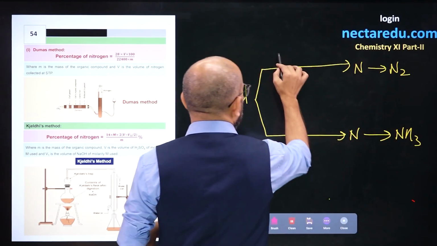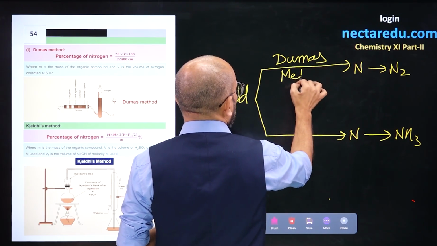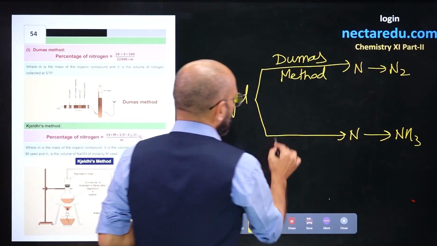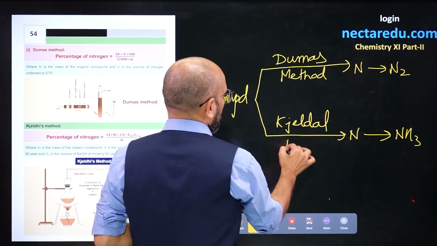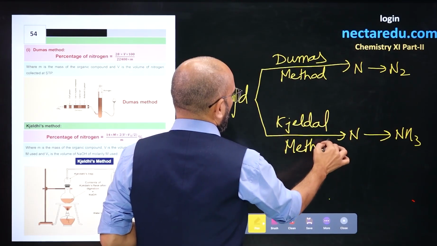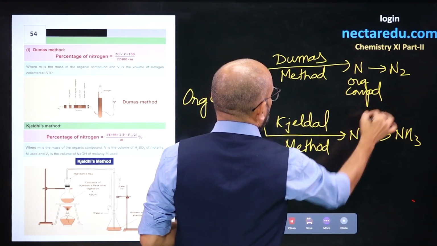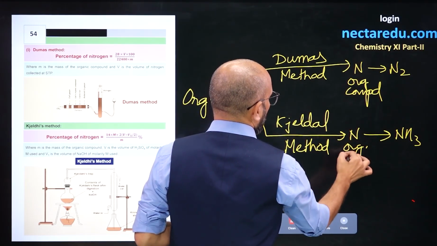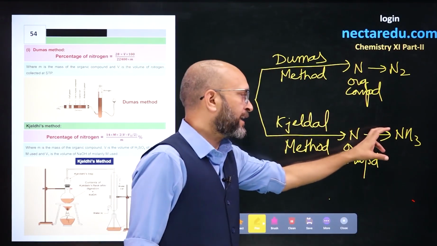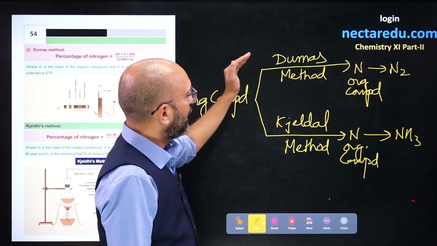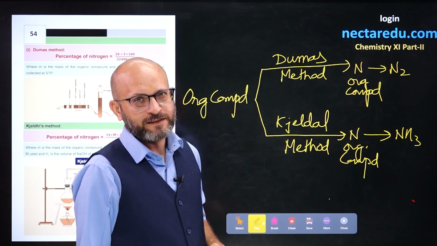This is Dumas method, where nitrogen of the organic compound is converted into nitrogen gas. And in Kjeldahl method, the nitrogen of the organic compound is converted into ammonia. So in Kjeldahl method we convert nitrogen of the organic compound into ammonia, and in Dumas method we convert nitrogen of the organic compound into nitrogen gas. Alright.